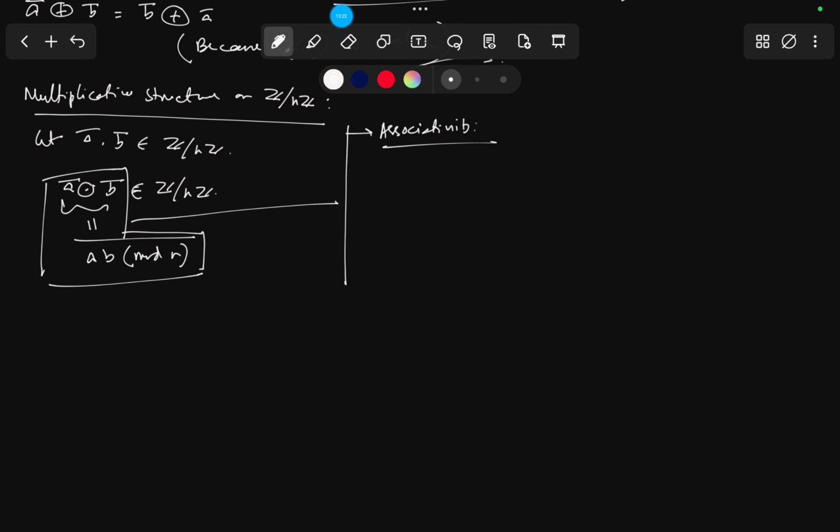So what is the associativity property? Let us assume that we have taken three points, a bar, b bar and c bar, belonging to Z mod nZ.